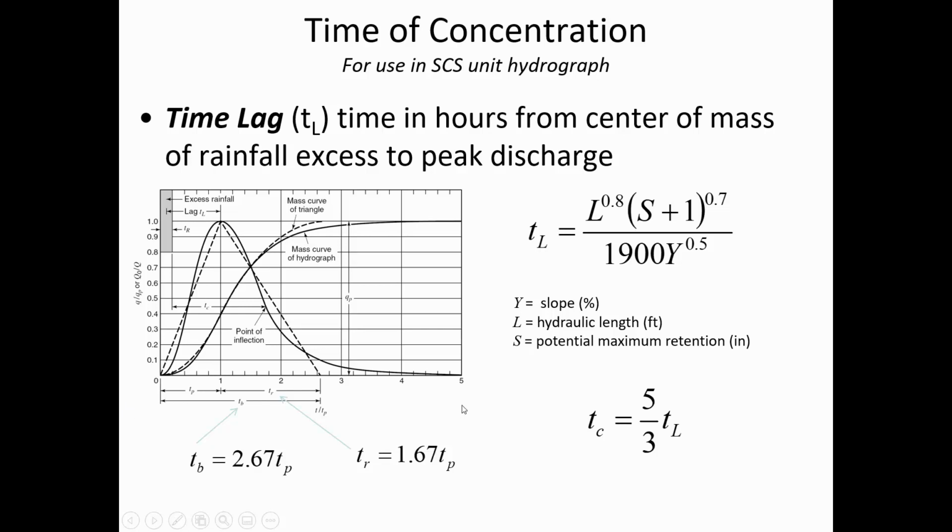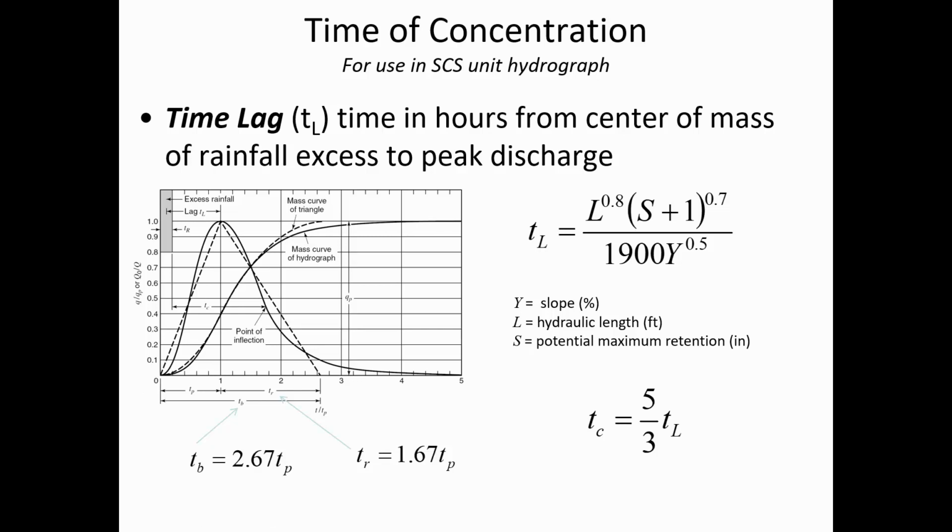The time to peak and the time of concentration are related to each other. The time of concentration can be related to the lag time that you calculate. For the curve that I'm going to show you in a minute, we have it in the Excel file that's available on Blackboard right now.